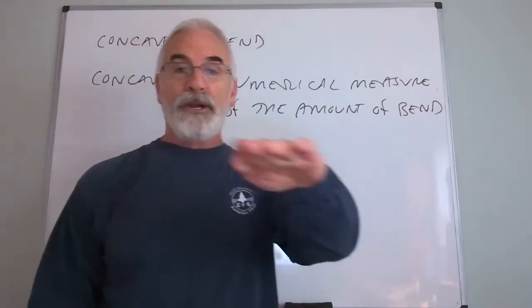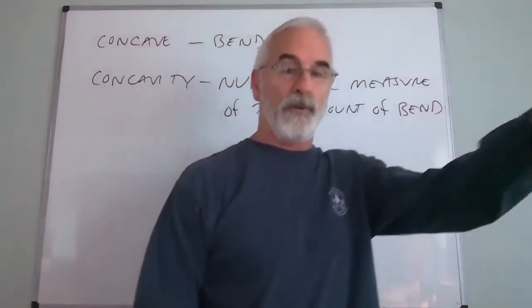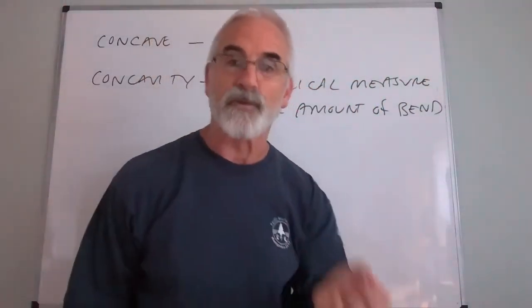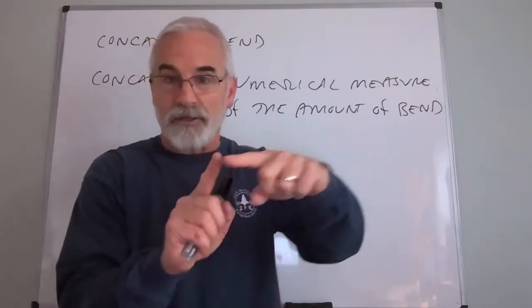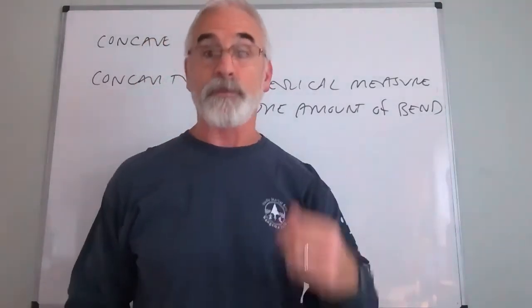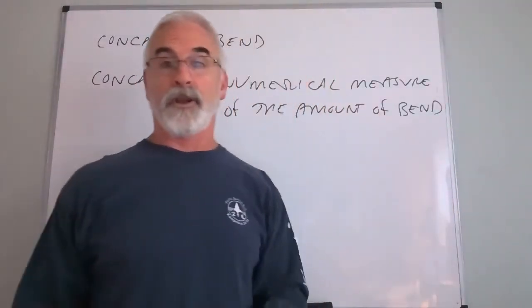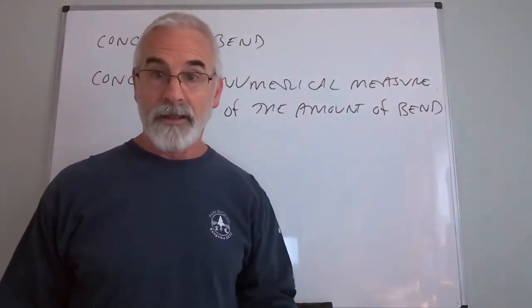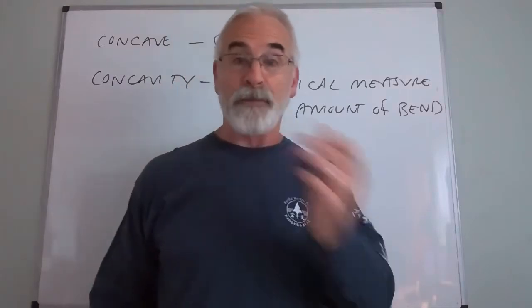If I'm barely moving, with gradual hills and valleys, the concavity would be a very small number. And if I was on a line, the concavity would be zero. The concavity of a line is zero because there's no bend at all, and the number that measures the bend would be zero.